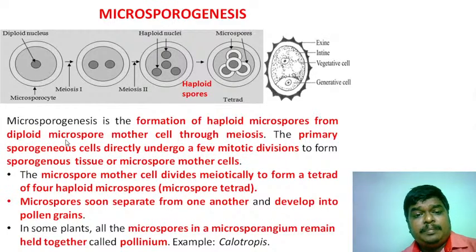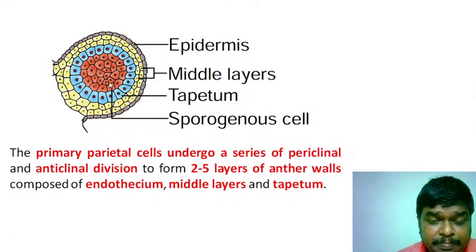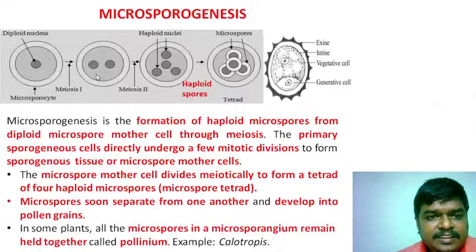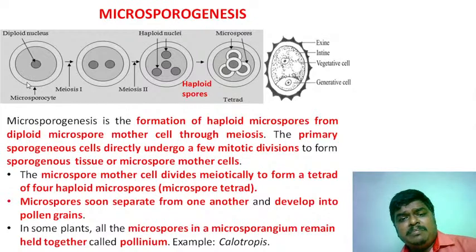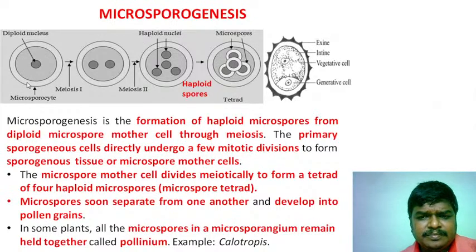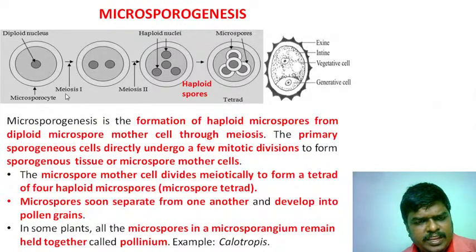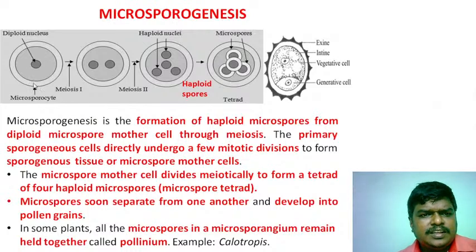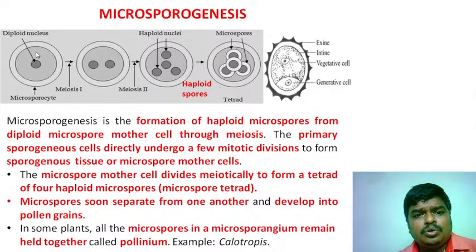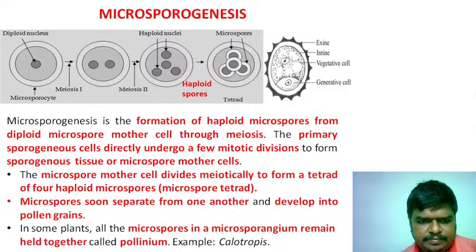Here, the primary sporogenous cells. This is the primary sporogenous cells, right? The primary sporogenous cells undergo many mitotic divisions and they form microspore mother cells.